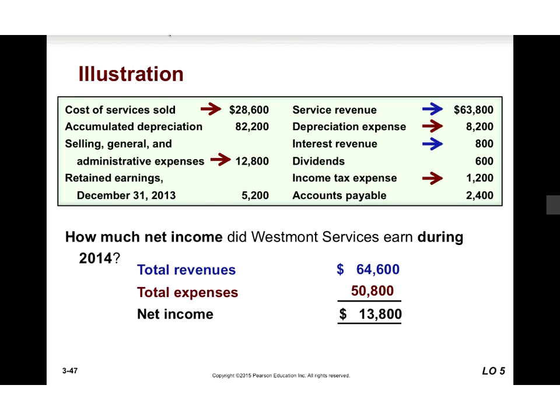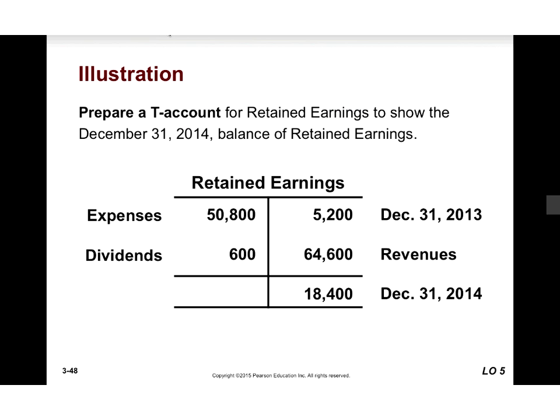And then the last thing we can do with this is show the T account of what happened. Retained earnings has a normal credit balance, so the beginning balance is right here, the $5,200. Here's our credit for our revenue closing entry, here's our debit for our expense closing entry, and our debit for our dividends closing entry.